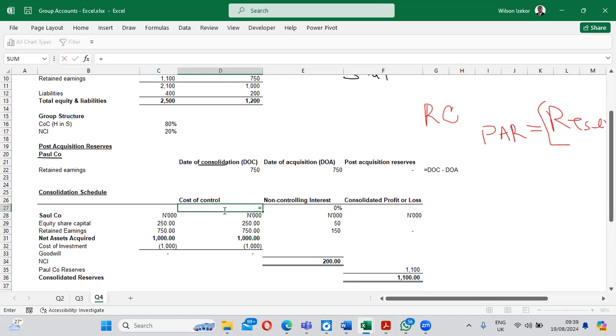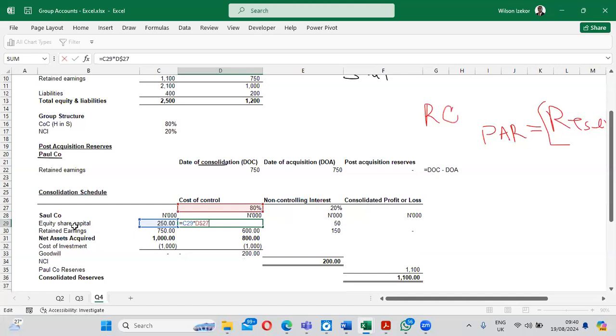So I'm going to pick this cost of control. I'll pick the 80% that is there. And then automatically, I know that my non-controlling interest is 20%, which is 100% minus 80%. In the equity share capital, I have 250 here, and in the cost of control I am determining the net asset of the subsidiary at the date of acquisition.